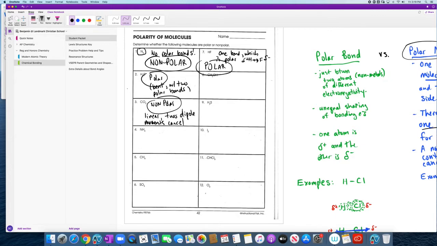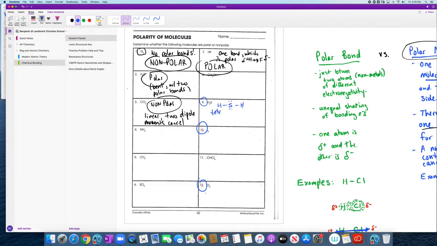All right, so there's some that I asked you to do for homework, and those were 9, 10, and 12. So let's talk about those quickly. This is a bent molecule just like the water molecule. You need to start off with the Lewis structure, apply VSEPR, and figure out what the shape is.